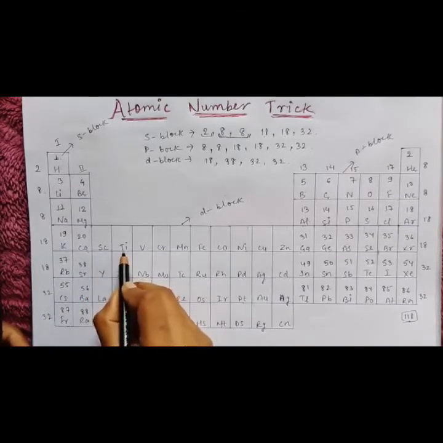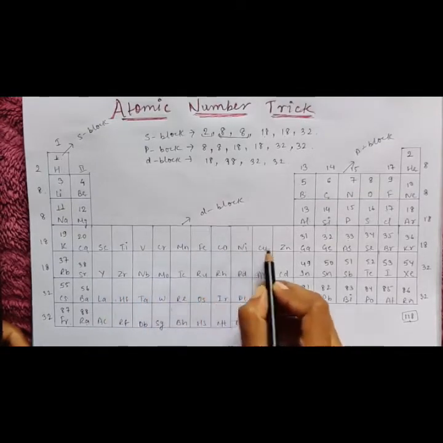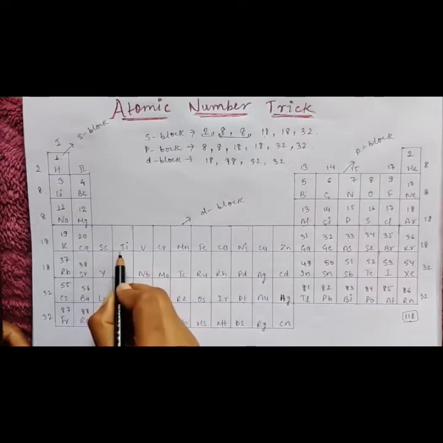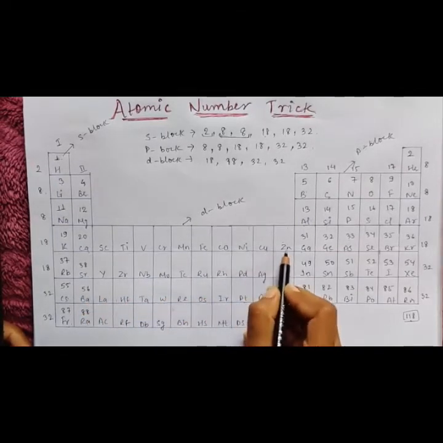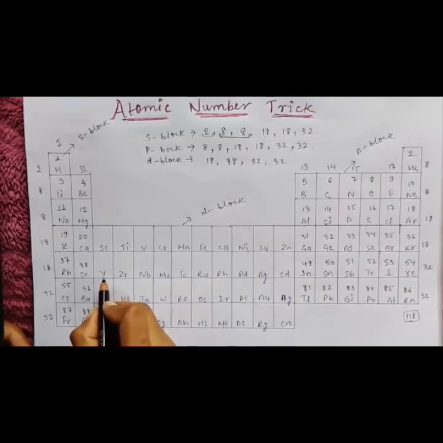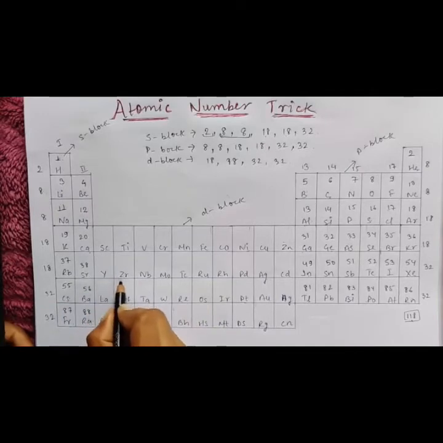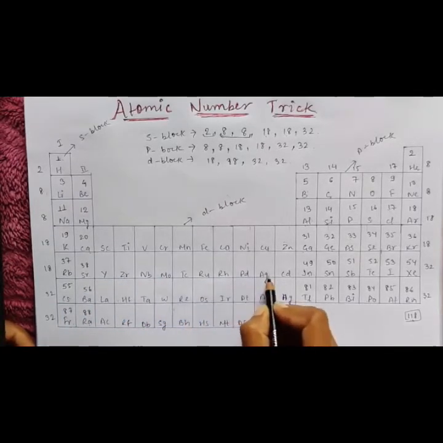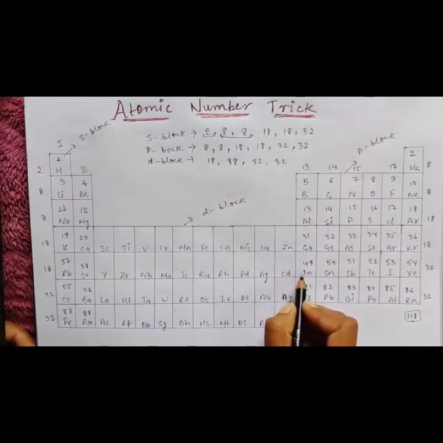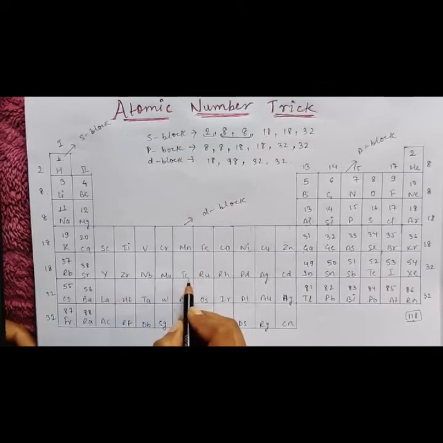Transition elements. So D block elements are nothing but the valence electron enters into NS2 NP6 (n minus 1) d 1 to 10. It is nothing but valency. In the valence level, S is completed, P also completed, and in the D orbital 1 to 10 electrons.